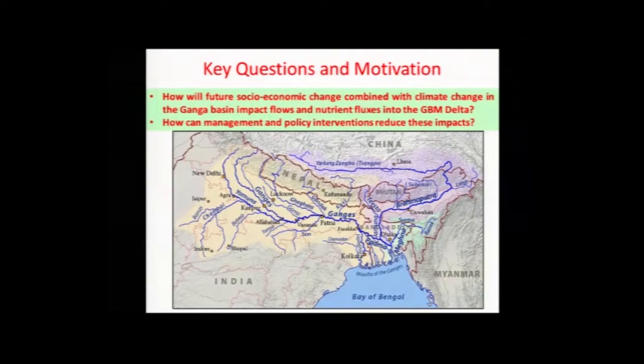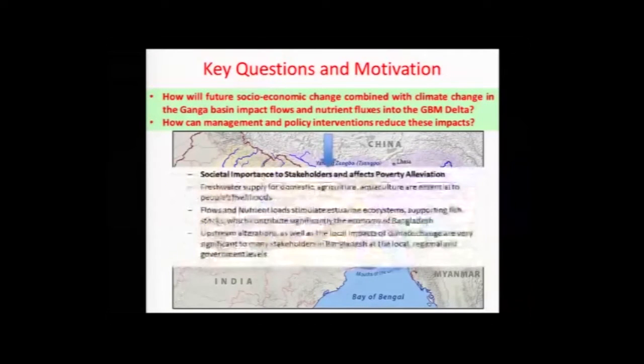Needless to say, this has a huge implication in terms of delta management, the aquaculture, the agriculture, and of course the flow which will ultimately reach into the basin. So it is of huge societal importance. All the upstream alteration which is being planned in the Ganga system as well as in the Brahmaputra system is ultimately going to affect the flows downstream in a very major way.